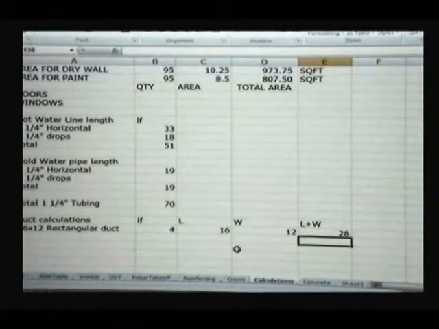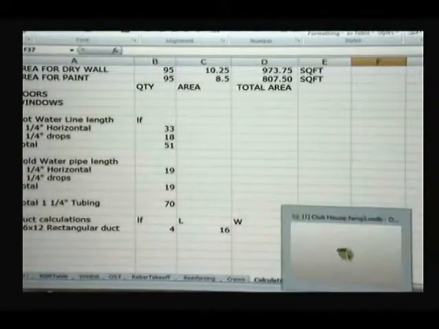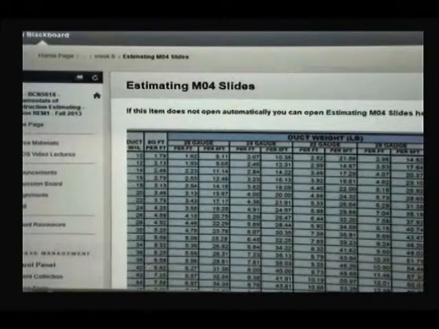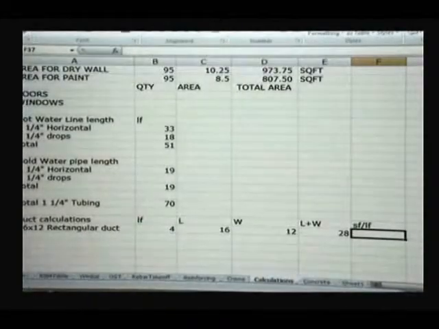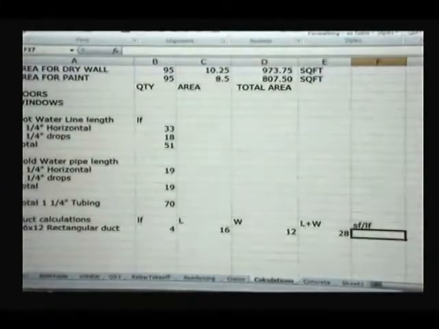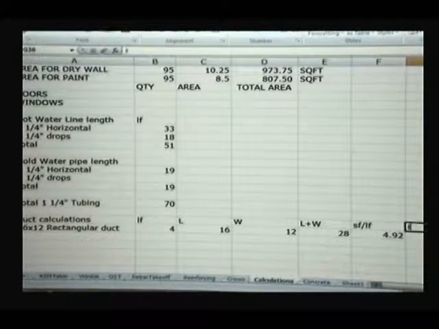So I can write here square feet per linear feet, and then I have pounds per linear foot.